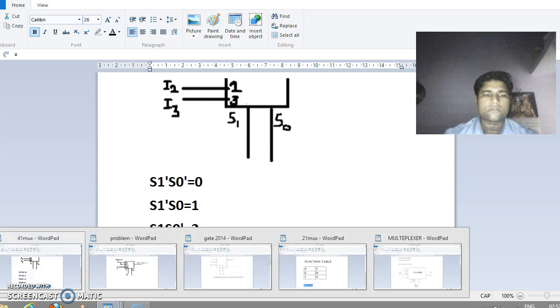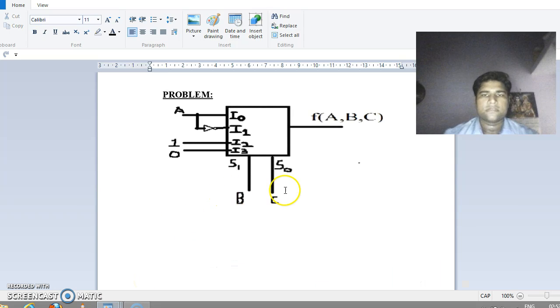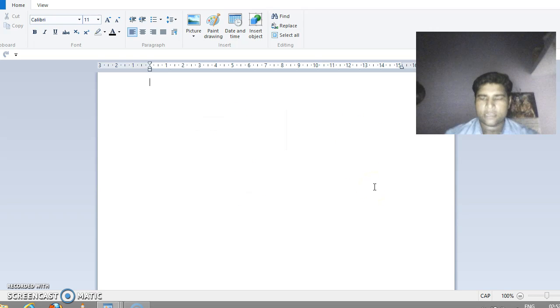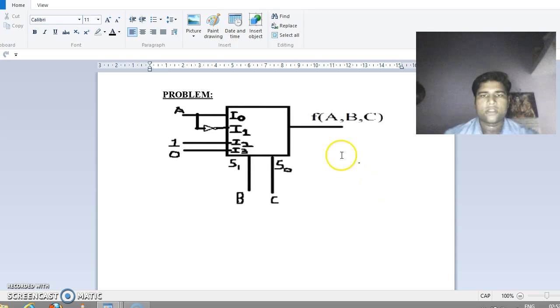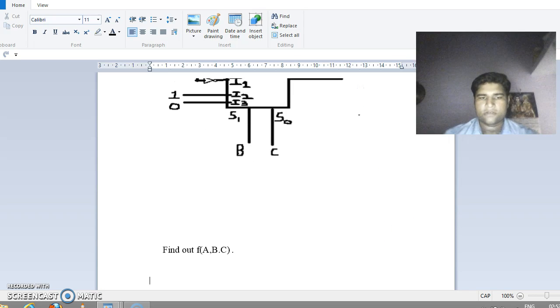Now we will look into a problem. It's a somewhat hard problem. So this is the problem. Here we have A, B and C and 1, 0. These are the inputs I0, I1, I2, I3. It has been given. We have to find f of ABC. How will you find out?